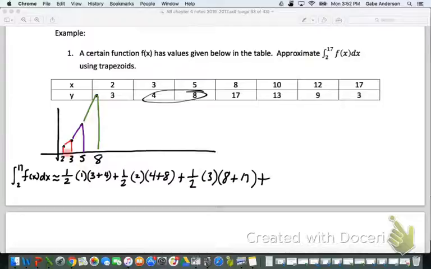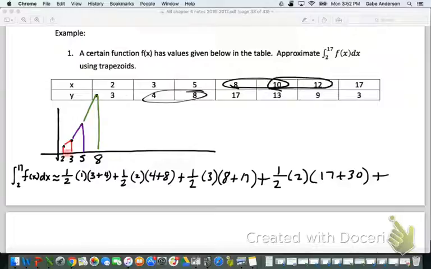Okay, so my next trapezoid is going to be going from 8 to 10, so it's going to be 1/2 times the height of 2. My bases are going to be 17 plus 30. Plus, let's come back down over here. My next trapezoid is going to be from 10 to 12, so that's going to be 1/2 times a height of 2, because again the difference between 10 and 12 is 2.